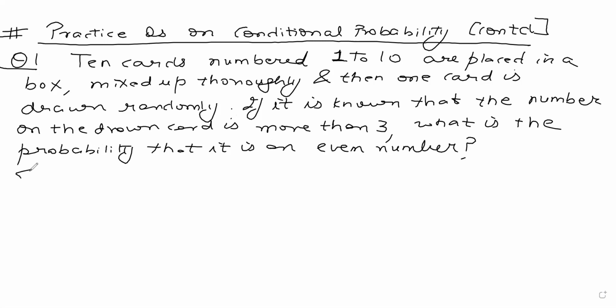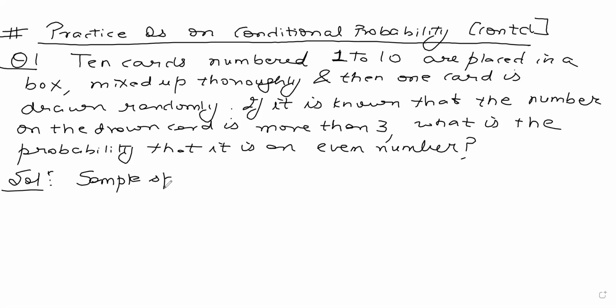Okay, so let's solve this question. Let's read the question again. So 10 cards numbered 1 to 10 are placed in a box. They are mixed up thoroughly, and then one card is drawn randomly. If it is known that the number on the drawn card is more than 3, what is the probability that it's an even number? So first of all, let's describe the sample space of the experiment.